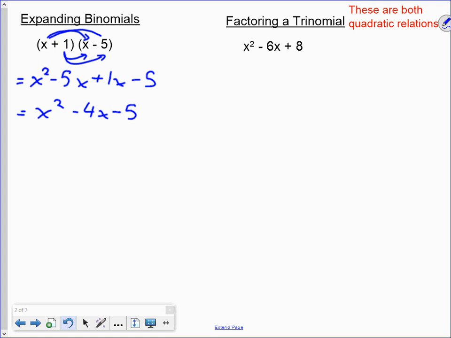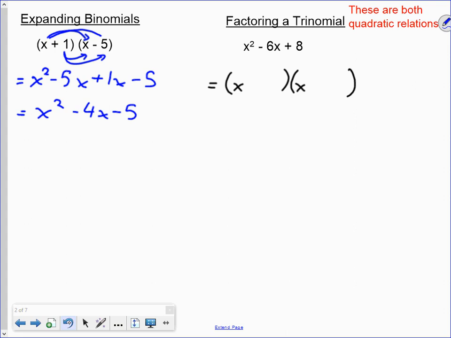And then when we were factoring a trinomial, we were doing the opposite. We were taking the trinomial that we got from expanding binomials, and we wanted to write it as these two binomials multiplied by one another. We knew that we had to have an x and an x to get this first term, x squared. Then we looked at what we needed to multiply together to get that last term.